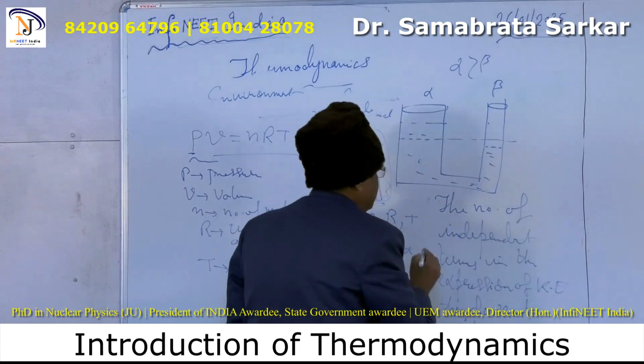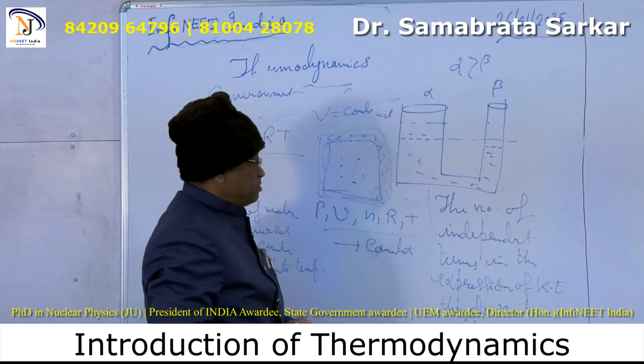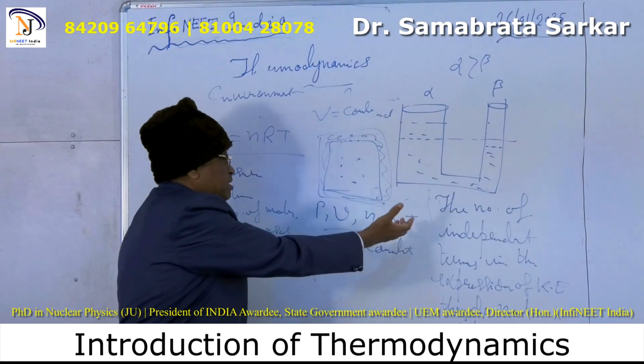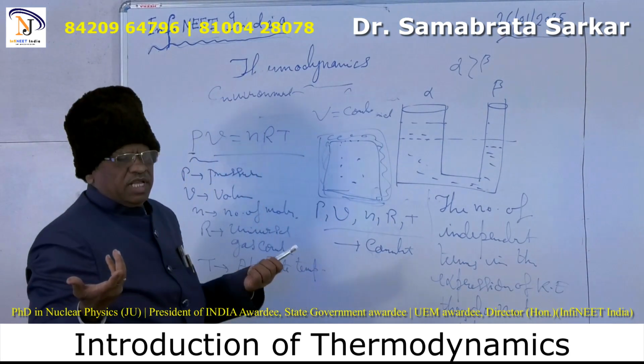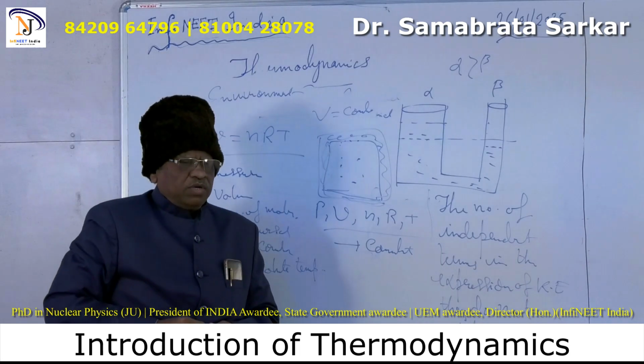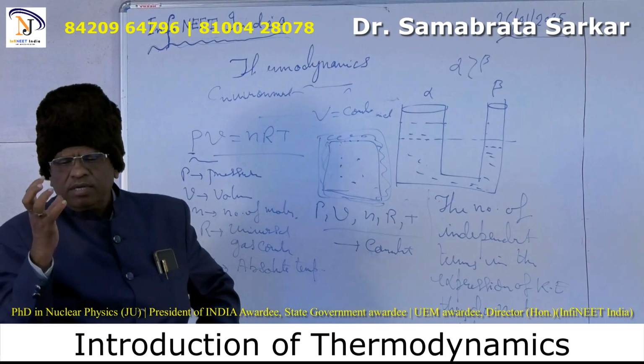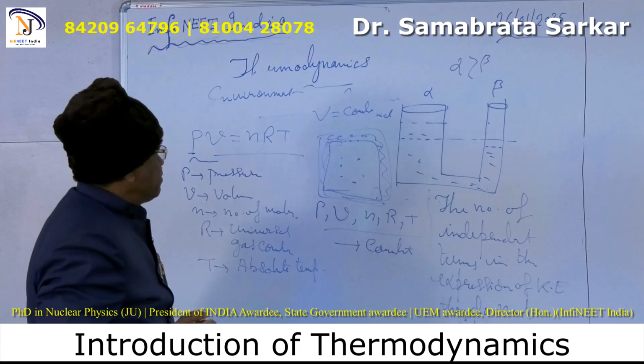This is the ideal definition. What is the number of independent terms? Independent terms means all are such independent terms in the expression of kinetic energy. What is the expression for kinetic energy? You know. What is the reason behind the development? How do we get kinetic energy?